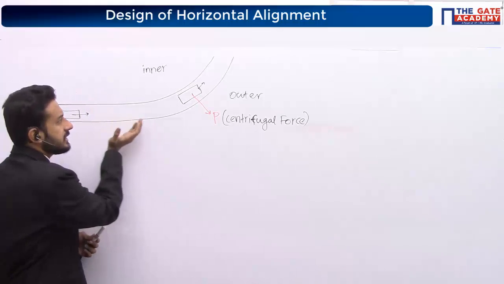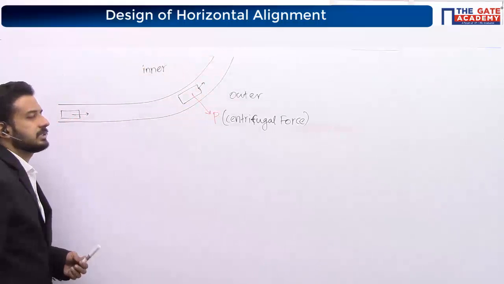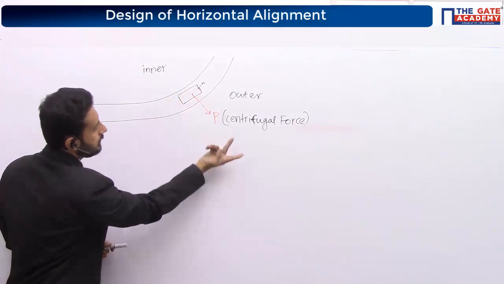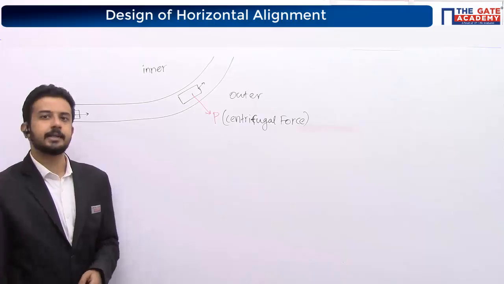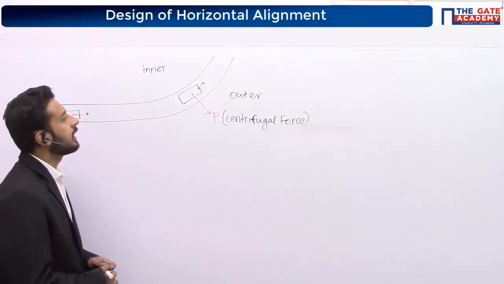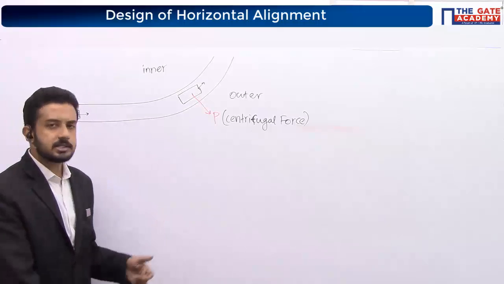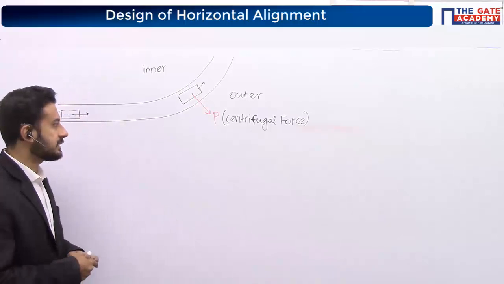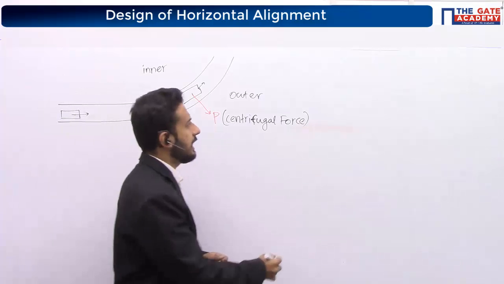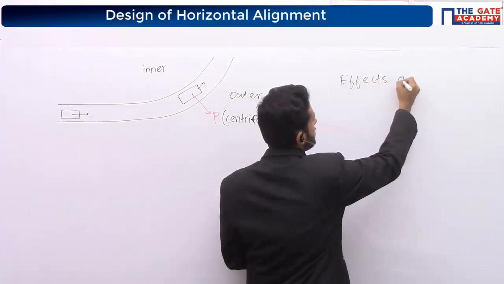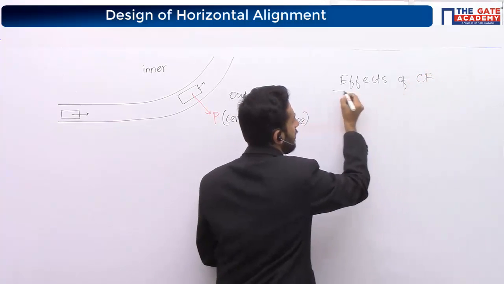So your vehicle may have a tendency to turn towards the outer side. It is called overturning. And your vehicle may skid towards the outer side. It's called skidding. So two chances are there. What are those? The effects of centrifugal force. I'm simply writing CF.